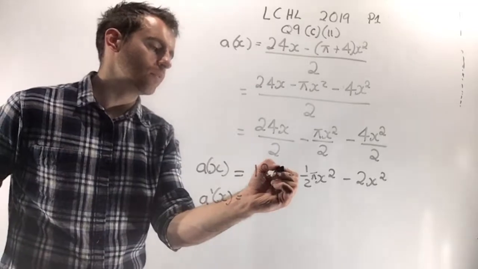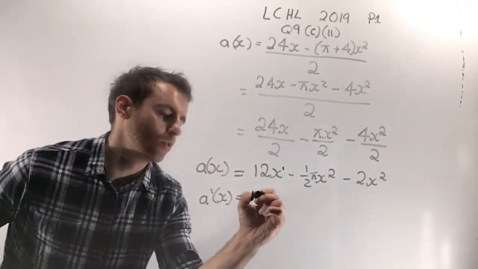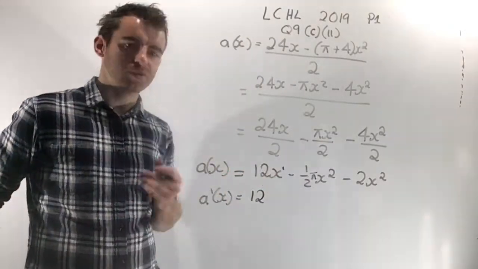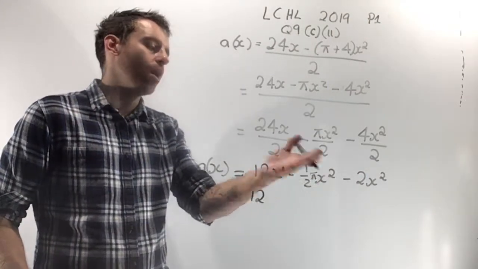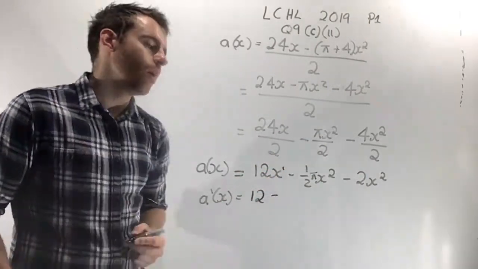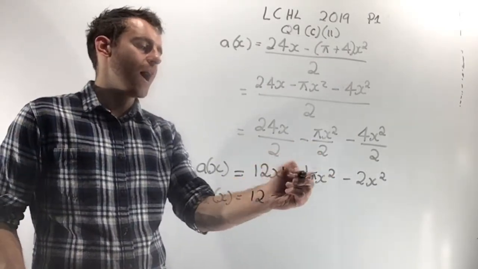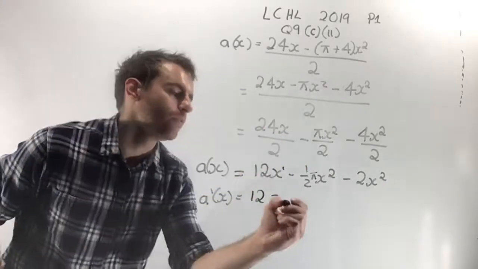Because clearly the derivative of 12x, this is 12x to the power of 1. The 1 comes in front, and it just becomes 12x to the power of 0. Or in other words, the derivative of 12x is just 12. I have to get the derivative of minus a half pi x squared. Well, take the minus down, and then the power comes in front. So 2 multiplied by a half pi will just give me 1 pi, because the 2 multiplied by a half is just 1.